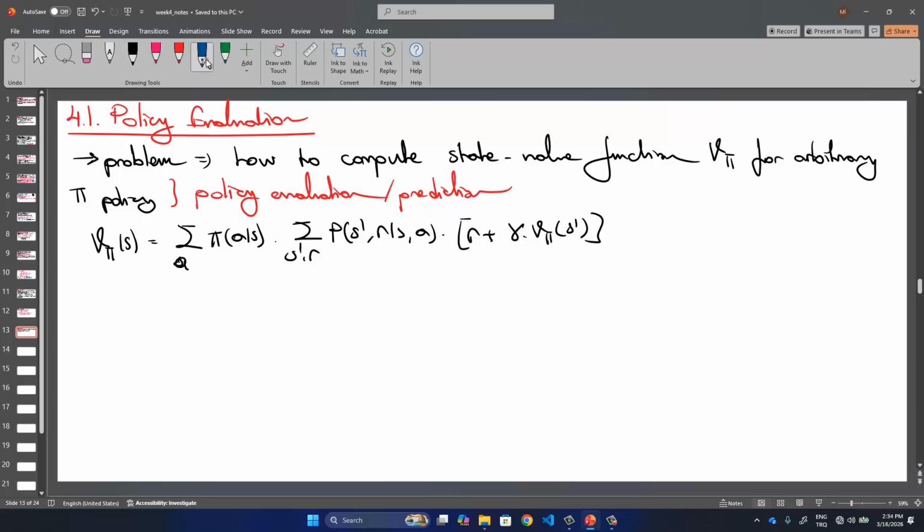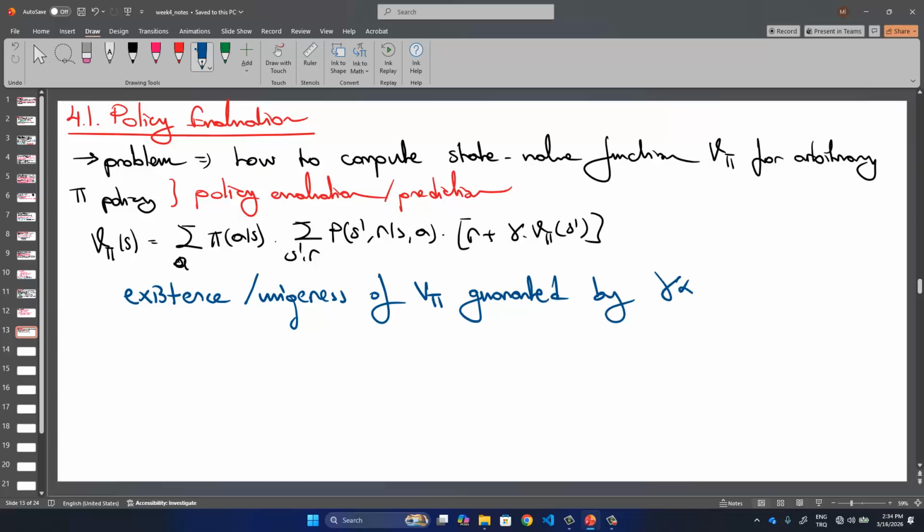So, in math, what is the meaning of the gamma value? The gamma contains or proves the existence and uniqueness of v pi, guaranteed by gamma less than 1.